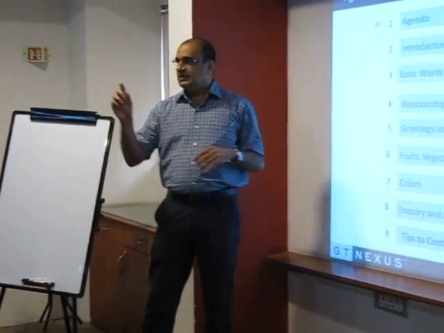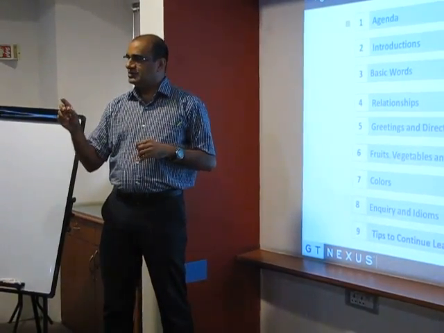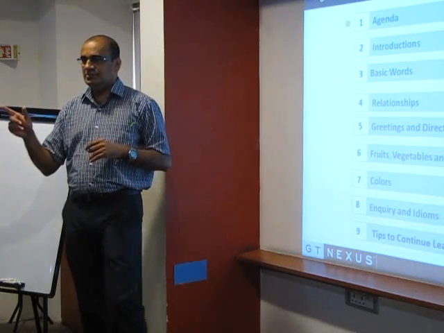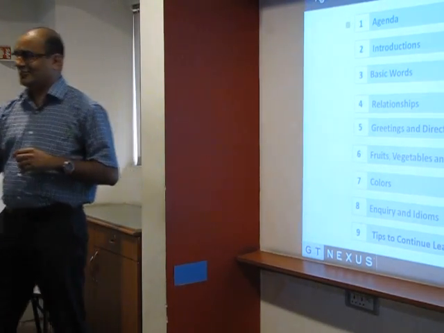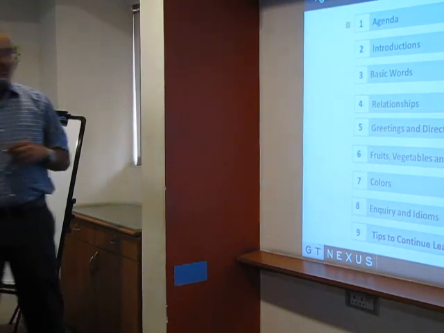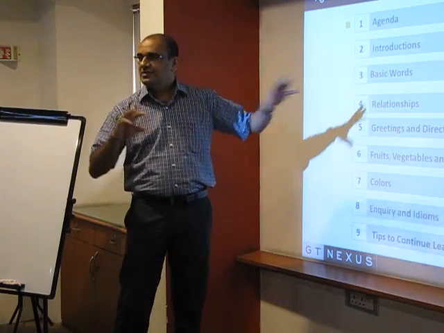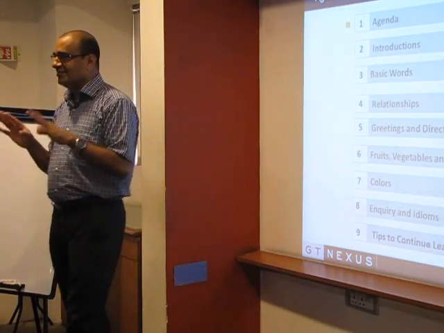I'll not describe each one, but predominantly we'll initially introduce some words: Hogi, Banni, Nanu, Ninu. And then we will go into some words and the making of simple sentences.